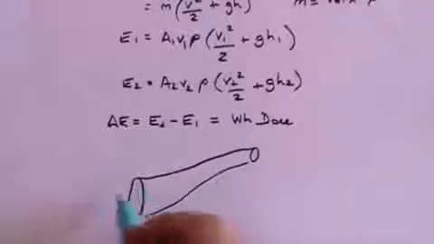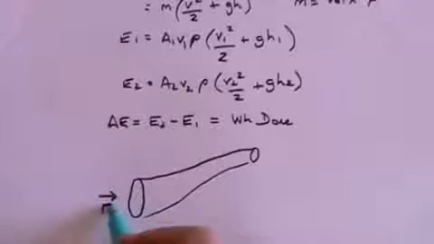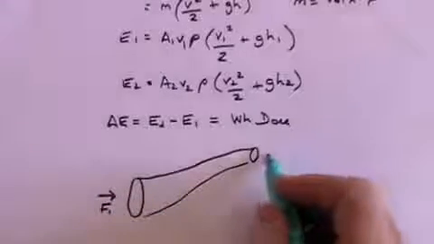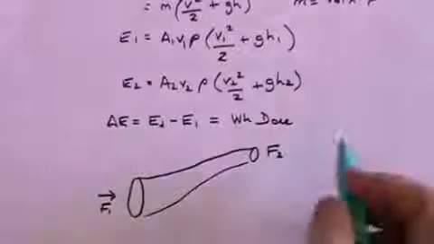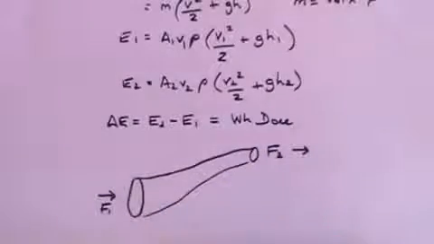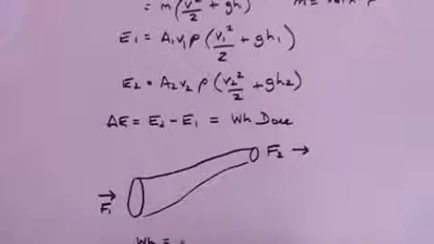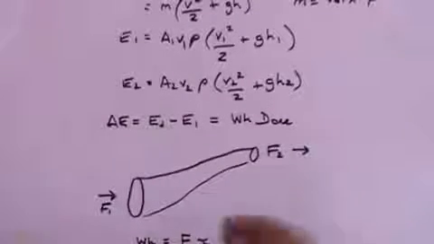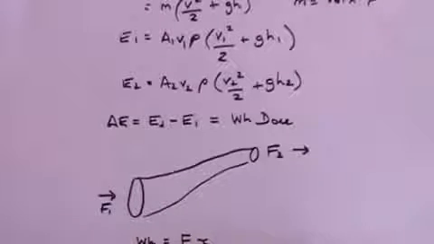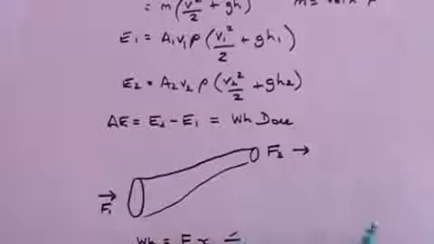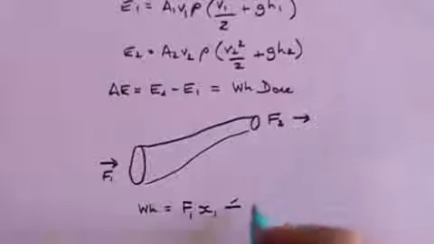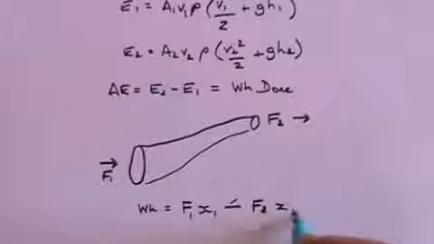There will be a force in, call that force 1, and there will be a force out, we'll call that F2, and the work that is done is equal to the work in, which is force times distance, minus the work out, which is force times distance.